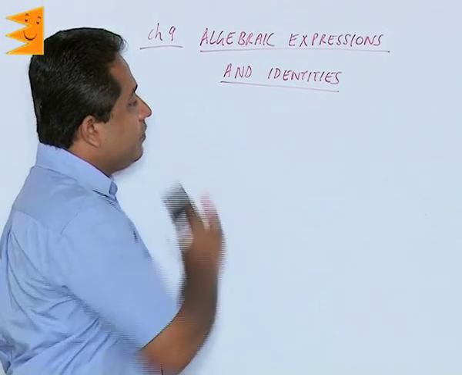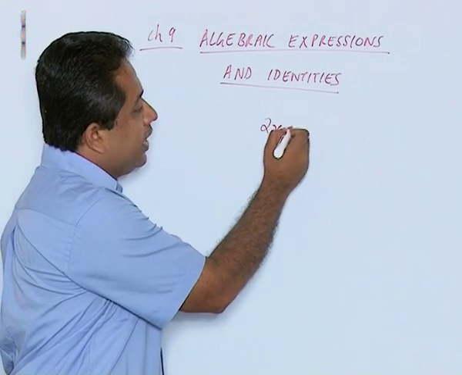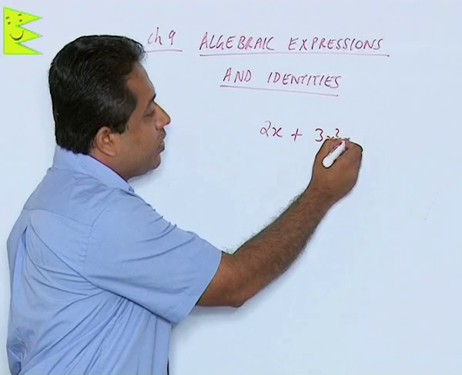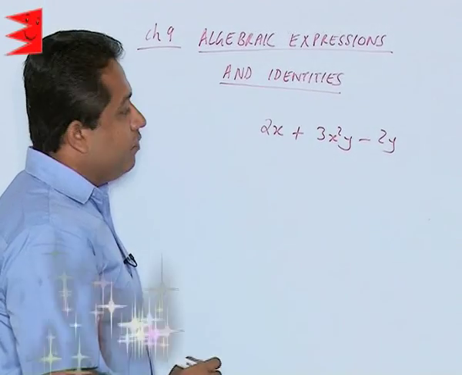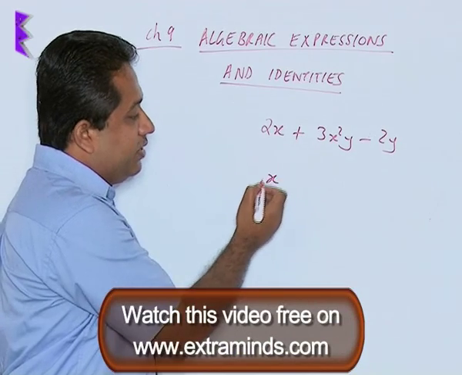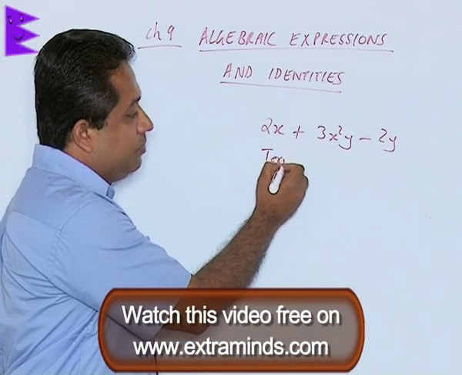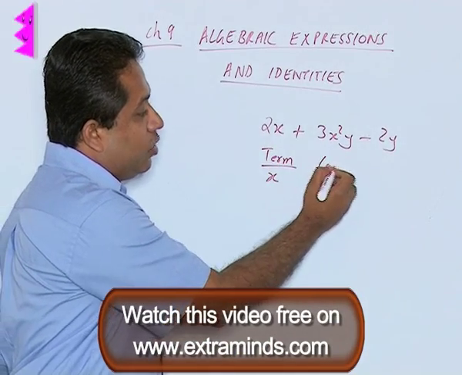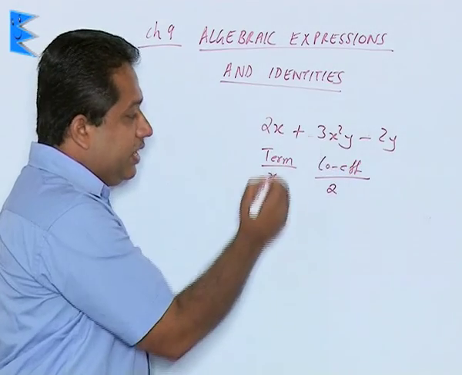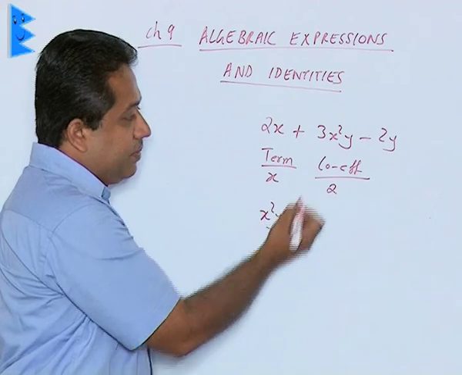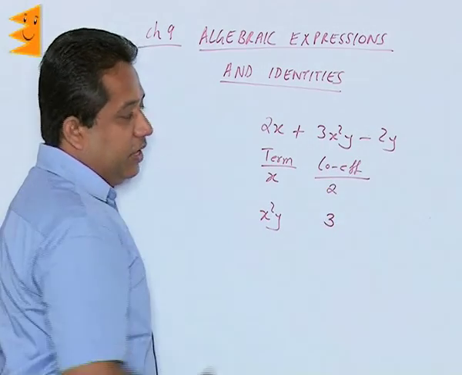For example, if we are given 2x plus 3x square y minus 2y and we are to identify the terms and the coefficients, the term here is x. So, this is the term x and the coefficient of x will be 2. In the second case, the term is x square y, but the coefficient is 3.